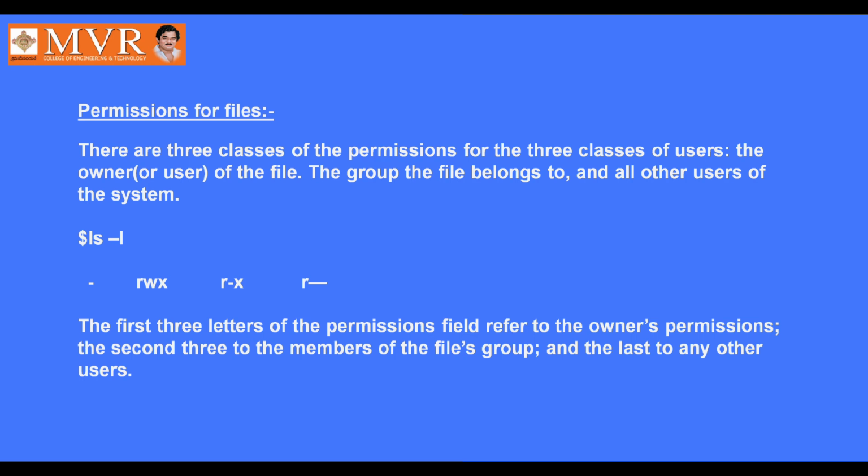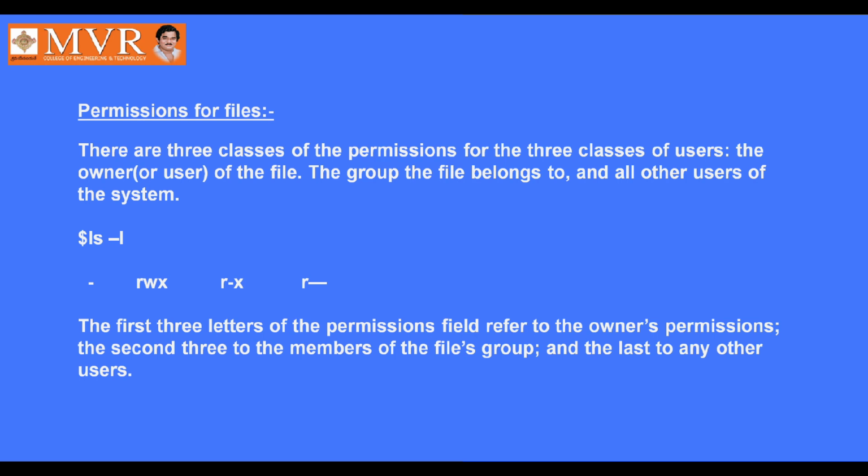And the third class of user is all other users: other than the owner and the group, the remaining people are called others with respect to that file.